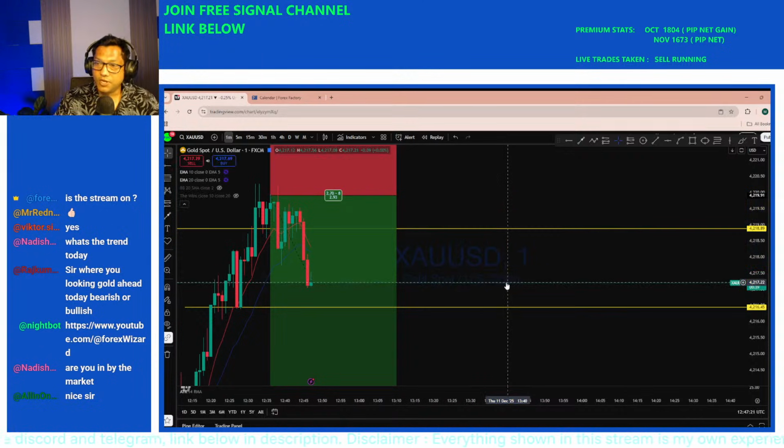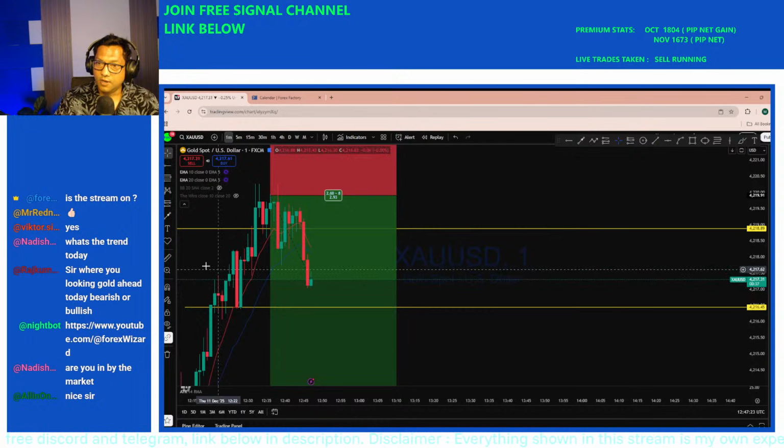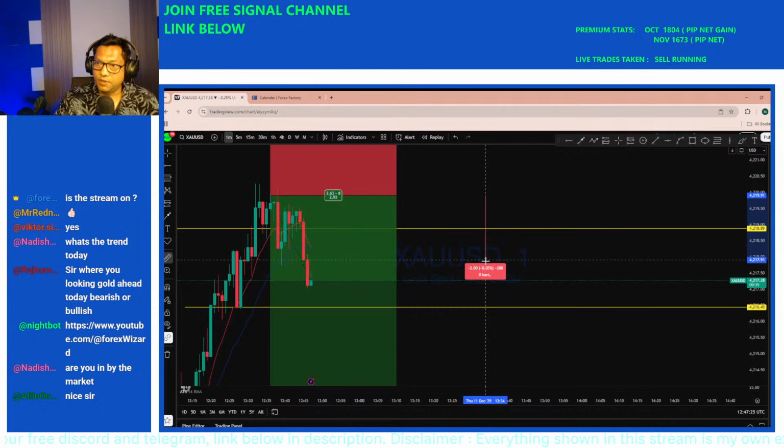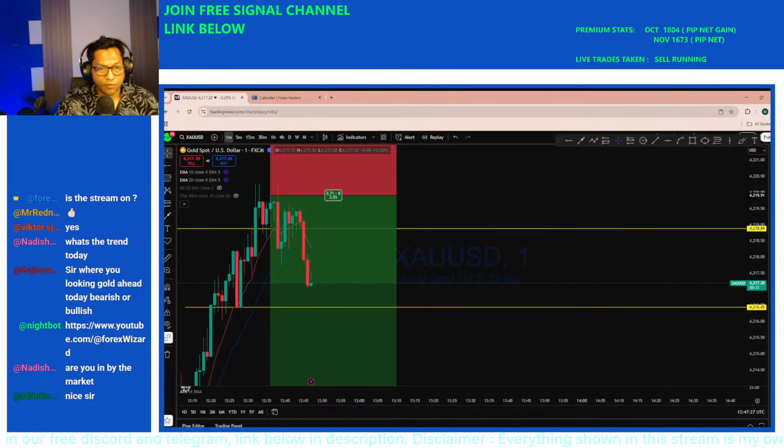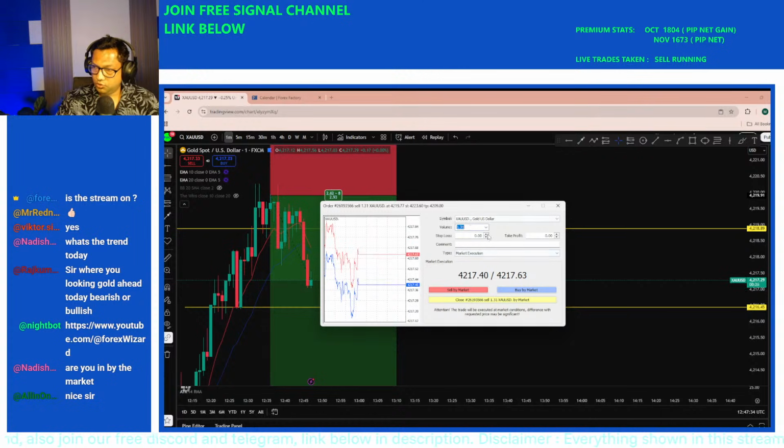So here I'm going to take nearly 60% of the profit, just to make sure that we are not going to break even. And then moving the stop loss to entry.